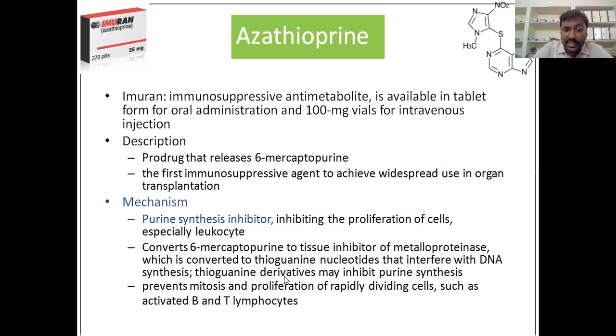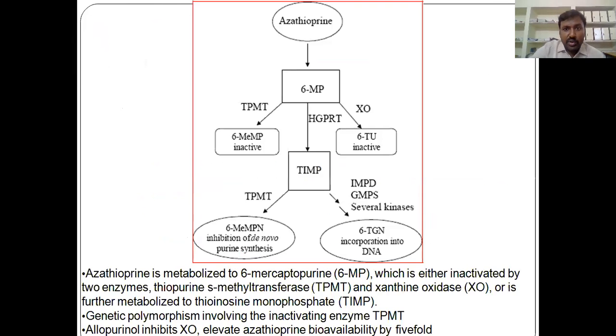The thioguanine derivative may inhibit purine synthesis and prevent the mitosis and proliferation of rapidly dividing cells such as activated B cells and T lymphocytes. Azathioprine is a prodrug, active after conversion to 6-mercaptopurine.